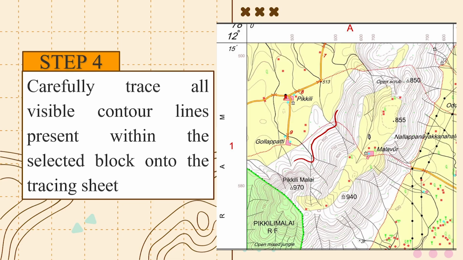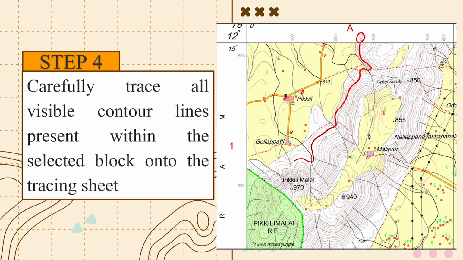Now, once you are ready and have understood the basics of how to read the topo sheet in terms of contours, we need to carefully transfer all the contours present in the topo sheet to the tracing sheet. Slowly transfer all the visible lines with values to your tracing sheet.